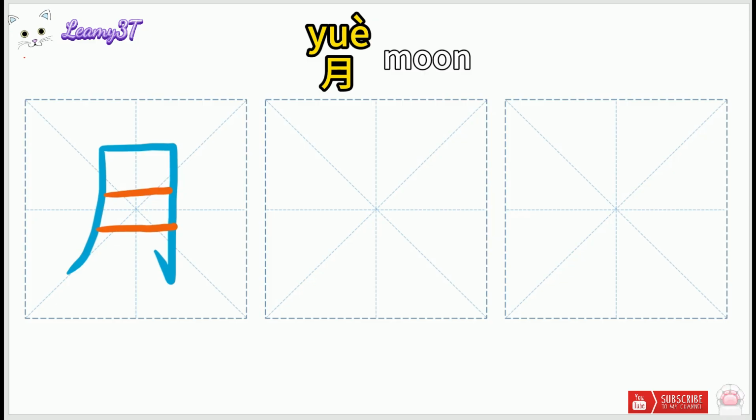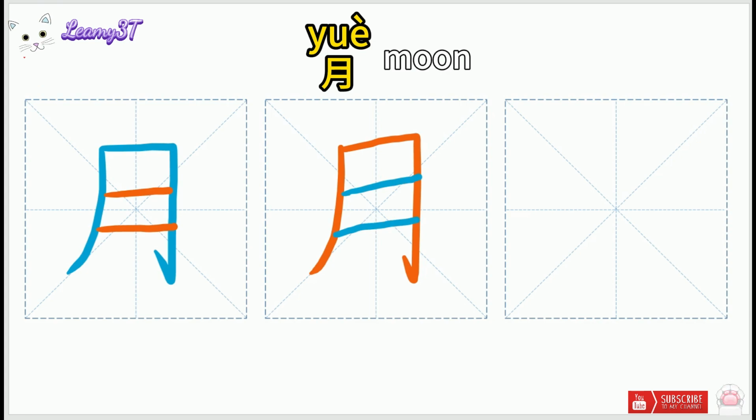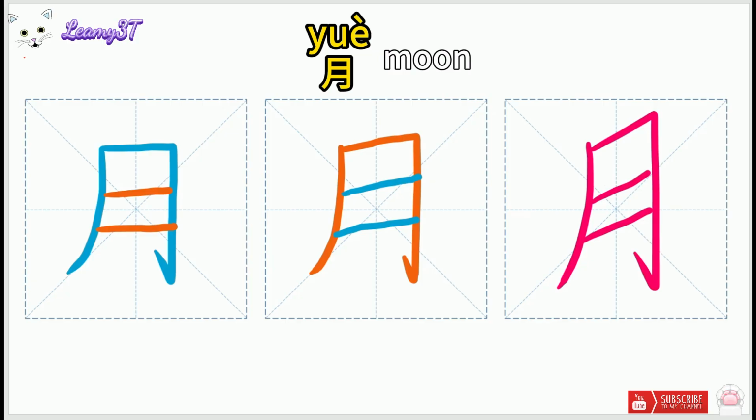If the top heng is slightly angled upward, then the two below should follow the same tilt. But the heng in this character should not tilt upward too much, otherwise it will look awkward. This is just weird. Never write like this.